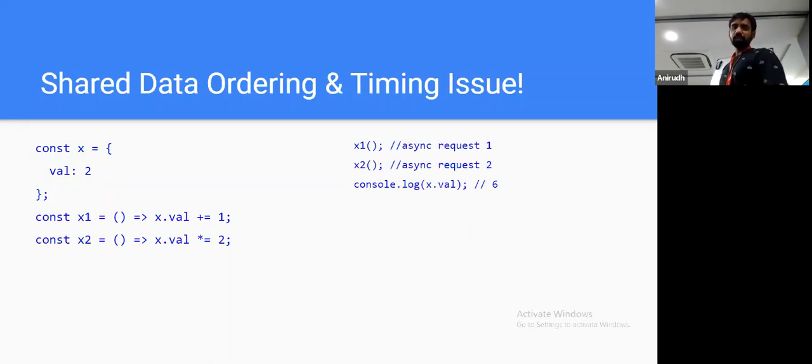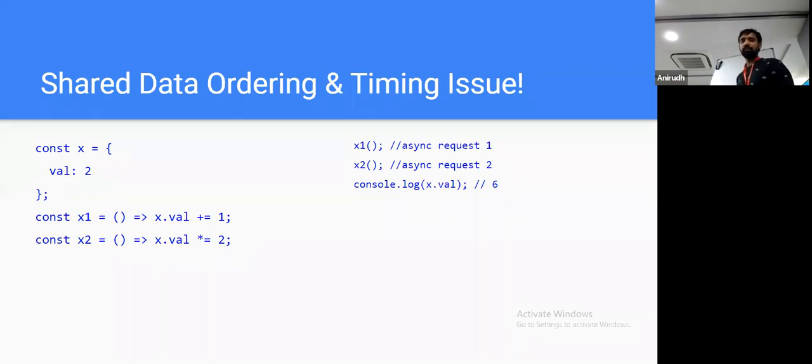Now say suppose there are two async requests being made. It can be anything, setTimeout or API calls. The order is very important here. X1 is received first, and then X2 is received. So obviously the value would be 6. So 2 is first incremented by 1, which is 3, and then 3 is multiplied by 2.